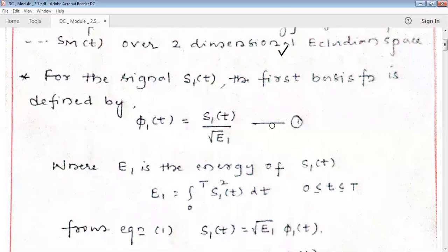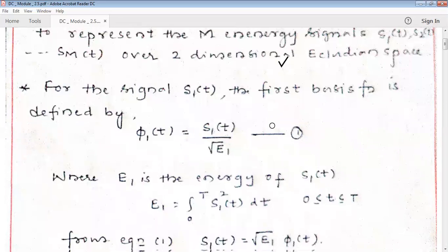Here, if we want to find the first basis function, that is phi1 of t for the signal s1 of t, the formula is phi1 of t is equal to s1 of t divided by square root of E1.